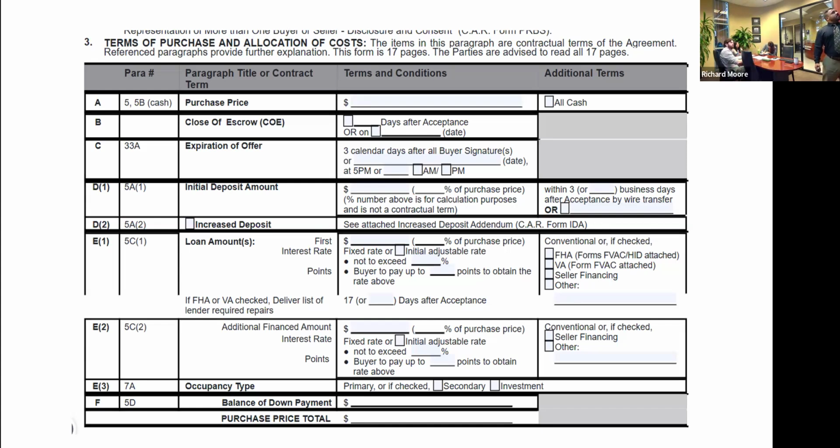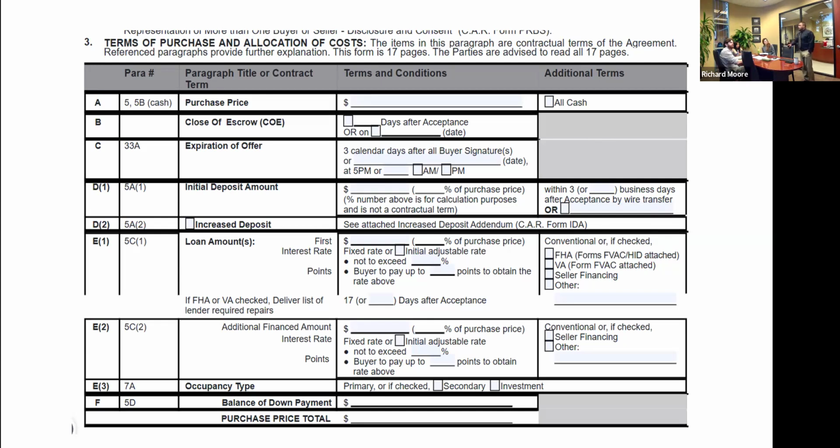Don't worry about increased deposit, you're going to do the loan amount. So if you're going to leave 20% down, then it's going to be an 80% loan, right? So whatever 80% is, you're going to enter that number. And you're going to say that the rate is not to exceed a certain percentage.